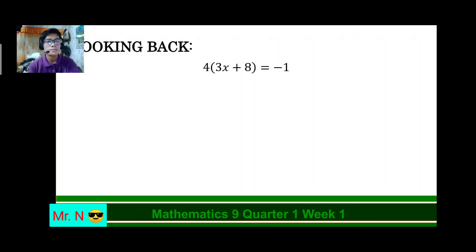So 4 times 3x is 12x, and 4 times 8 is positive 32, is equal to negative 1. Like what I said a while ago, you should equate the equation to 0. This time, we should remove negative 1 on the right side.